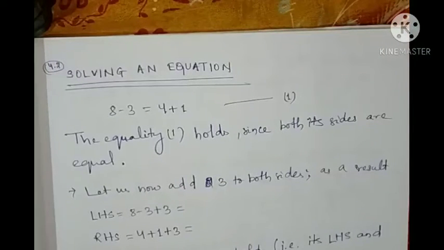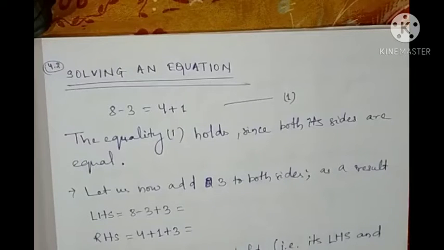So today we are going to study solving an equation. In last class we studied what an equation is, how we form an equation, what the parts of an equation are, and how we can find the solution of an equation.